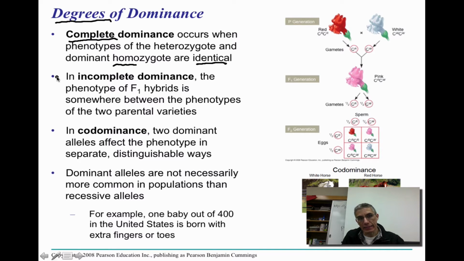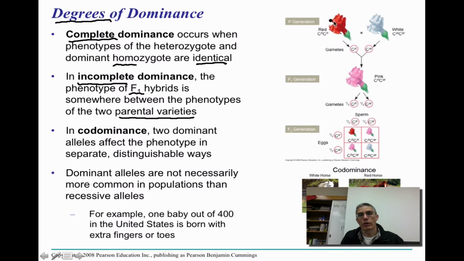The second example of dominance we're going to look at today, which is a bit different from the first one, is called incomplete dominance. Incomplete dominance basically means that the phenotype you notice in the F1 hybrid, or F1 generation, is somewhere in between the phenotypes of the 2 parental varieties. The easiest way to illustrate this is to look over here on the right.